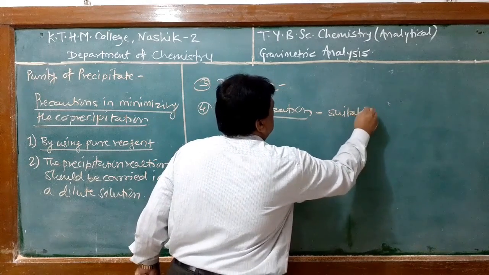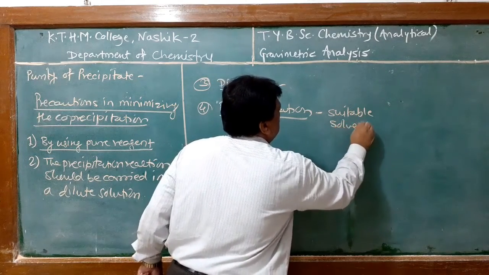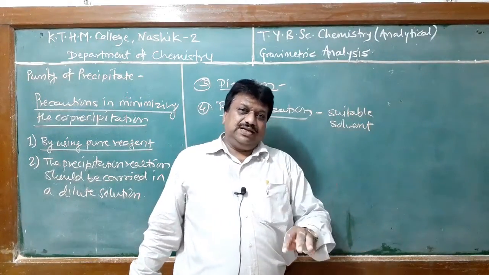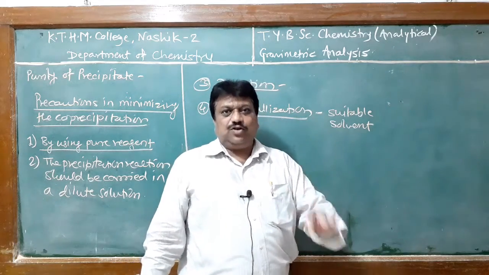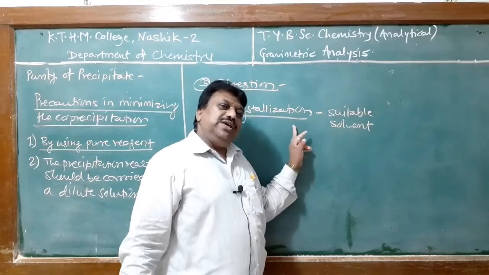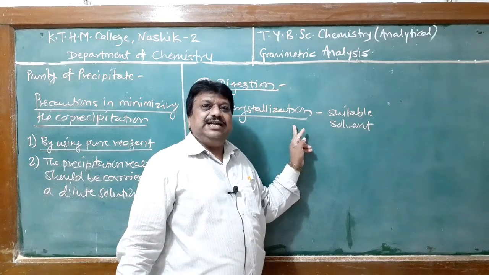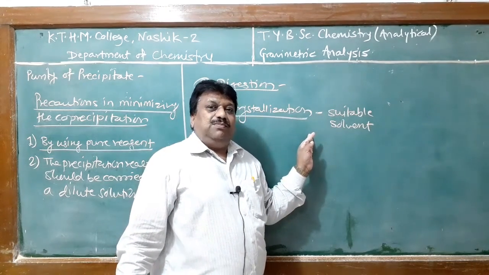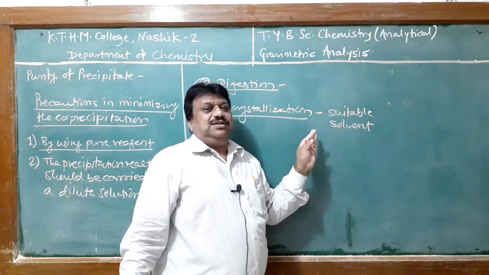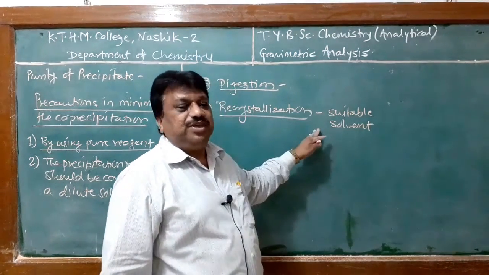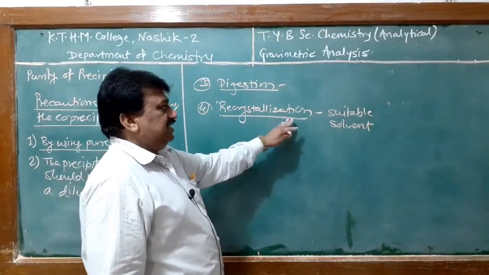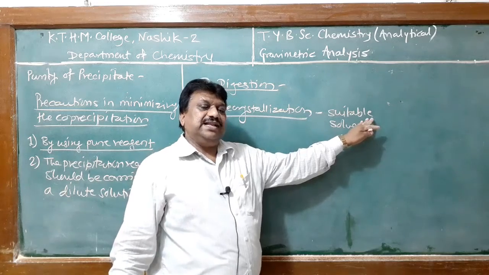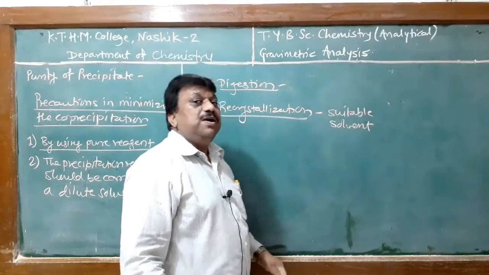In this case, the solvent should dissolve that precipitate at a higher temperature, and that solvent does not dissolve the precipitate at room temperature, so that we can remove the impurities from that precipitate by heating and dissolving the precipitate at higher temperature, and we can form the precipitate by lowering the temperature, so that the precipitate thus formed is free from the impurities. Therefore recrystallization is a most important step carried out in gravimetric analysis for purification of the precipitate.